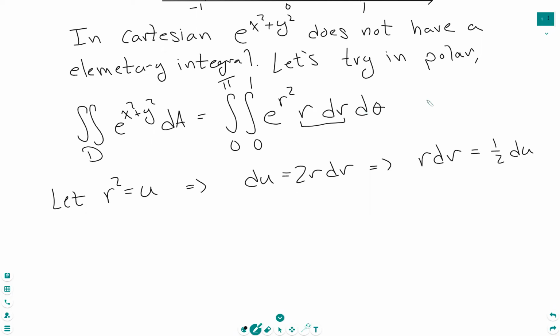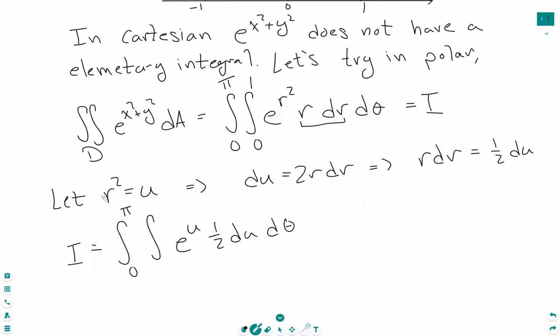So my integral, maybe we call this I, is equal to, so theta remains the same, 0 to pi, and then I have some integral here. I have e to the u. I changed r dr into 1/2 du. I still have my d theta, but now I have to think about these bounds.